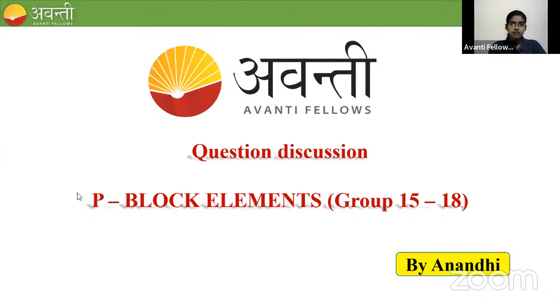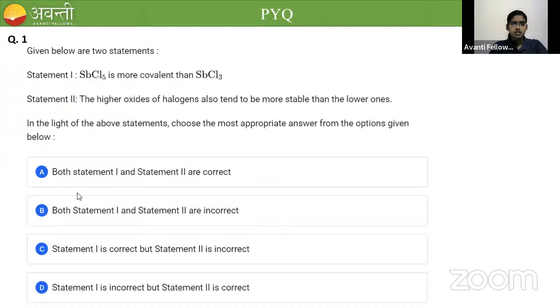So let's start with the first question for today. Given below are two statements. Statement one says that SbCl5 is more covalent than SbCl3. Statement two says that the higher oxides of halogens also tend to be more stable than the lower.